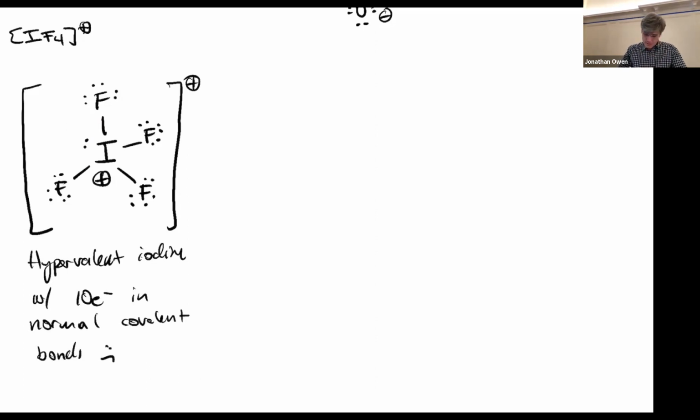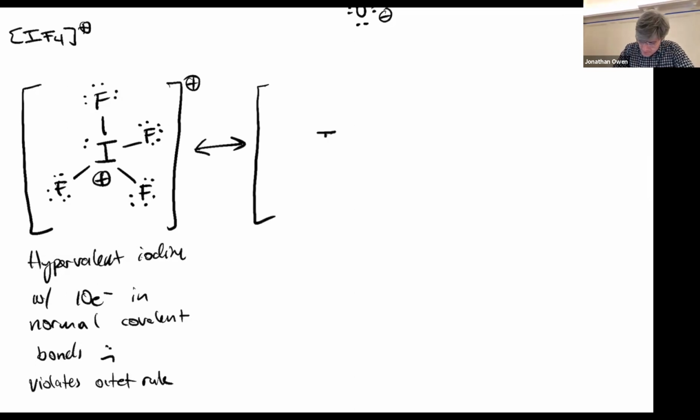Okay, so this violates the octet rule. Let's try drawing it slightly differently. What are we going to do to fix this situation? We're going to do our electrostatic picture idea.